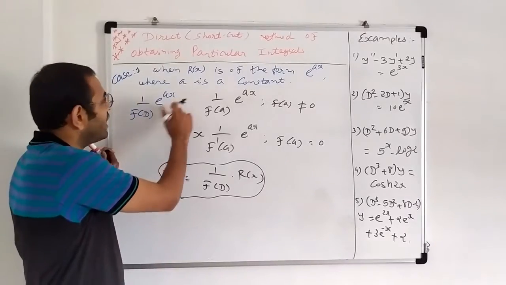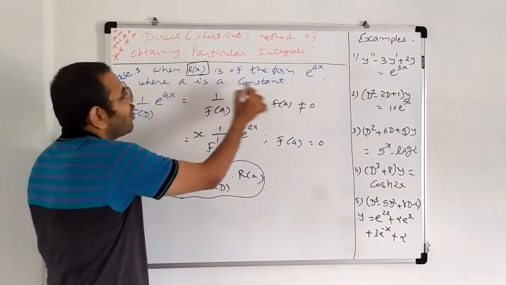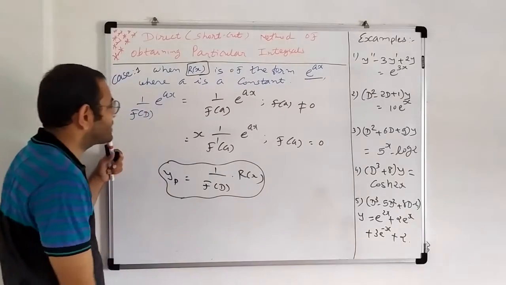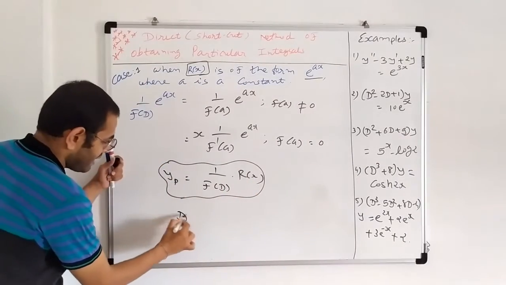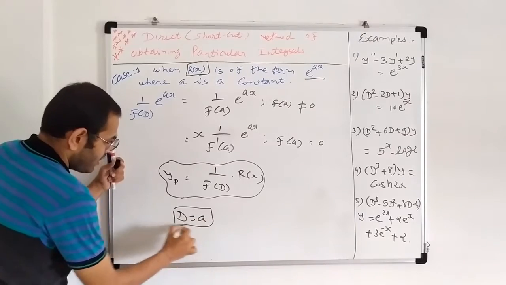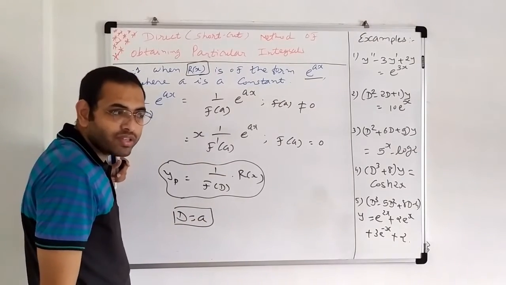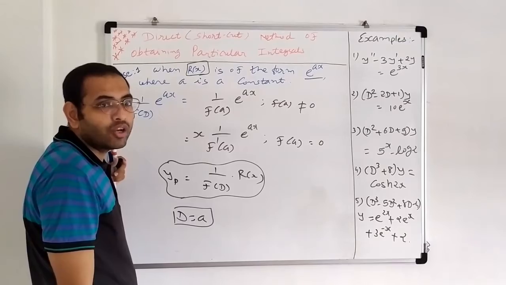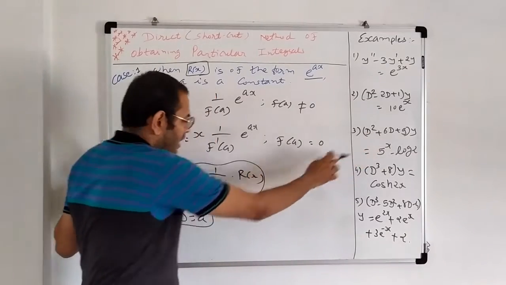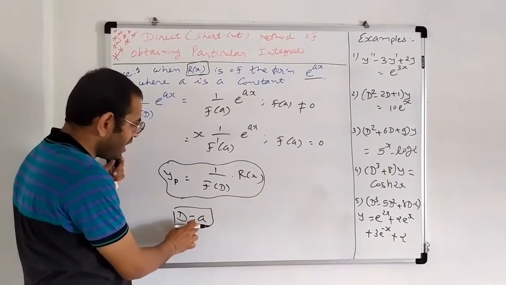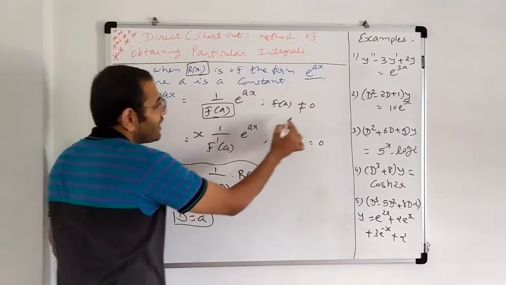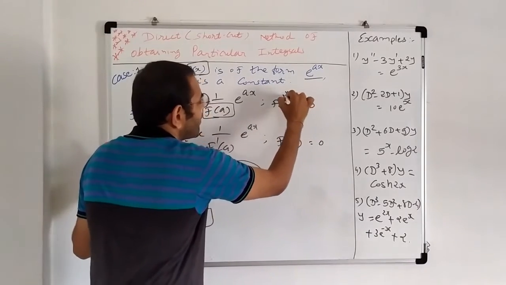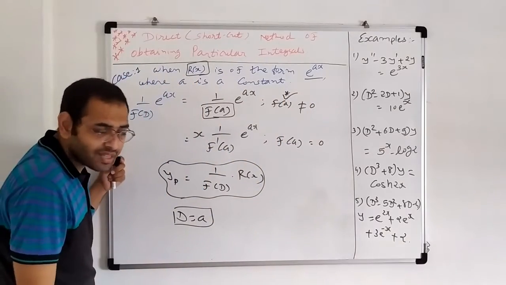Here r of x is in the form of e raised to ax, then replace D by a. Our differential equation is converted into D form, then replace D by a. If we replace D by a and the denominator f of a is not equal to 0, then we directly replace a.